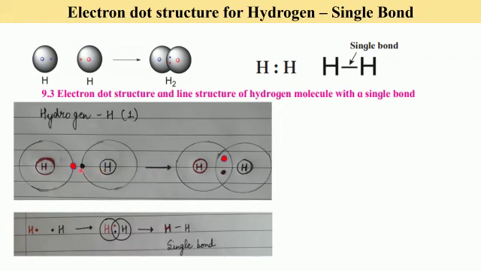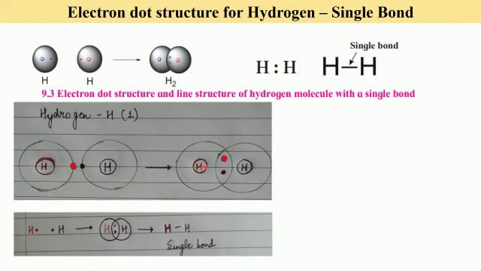Now, both the hydrogen share their 1 electron each. When they share, this is the overlapping that is shown here of the shells. You have to show the electrons that are being shared in this overlapping region. Now, these 2 electrons are a common property for both the hydrogen.